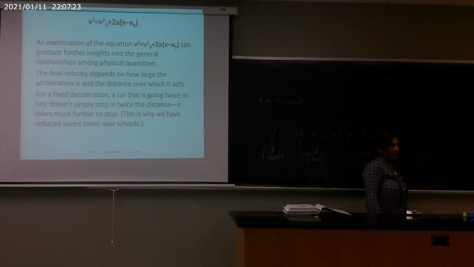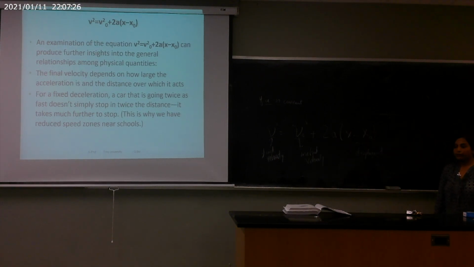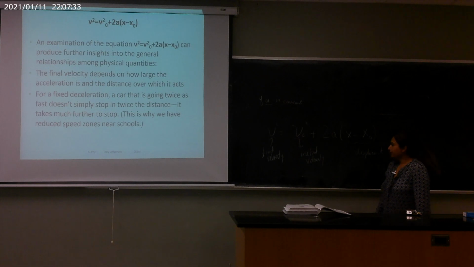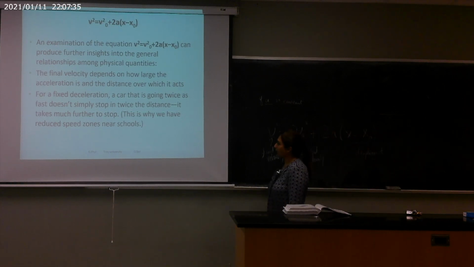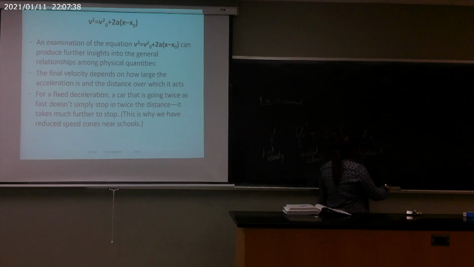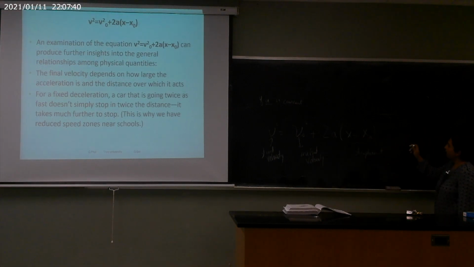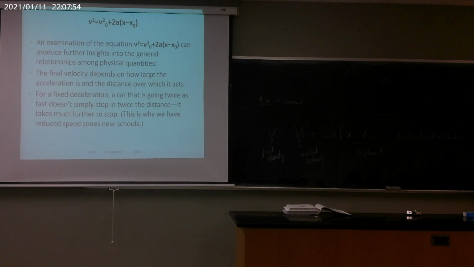That is consistent with what we know about acceleration. If there is no acceleration, velocity should not change. It's constant. When velocity is constant, there is no acceleration anyway. So this one you will use when you have some unknowns. This is mainly for when displacement and acceleration are given to you. Then you can work out the velocities.